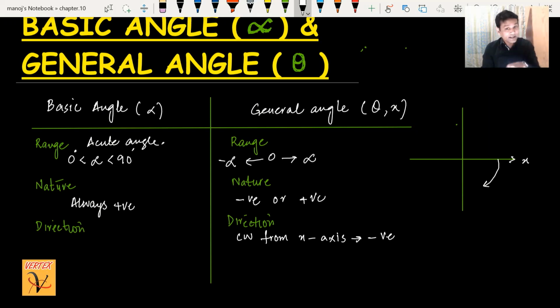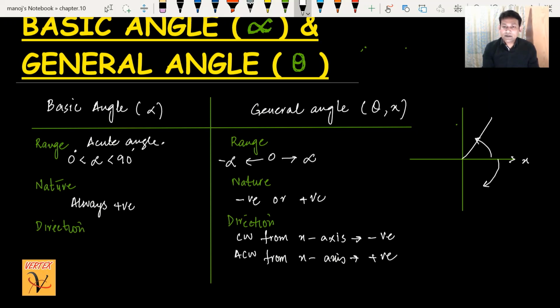Please, clockwise negative. But when we move anti-clockwise from x-axis, it is always considered positive. Like here, from x-axis, this is positive.